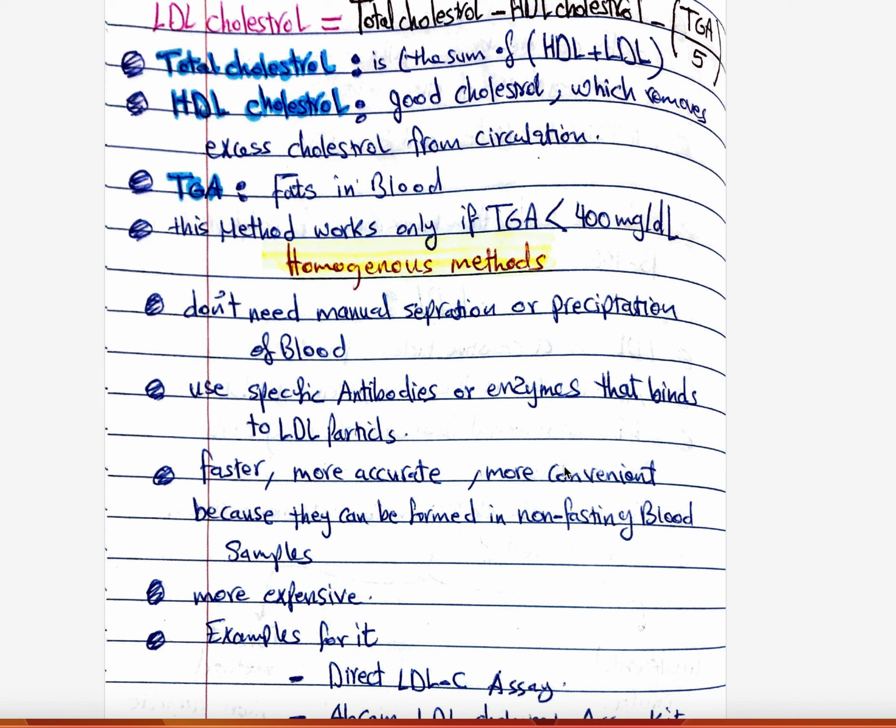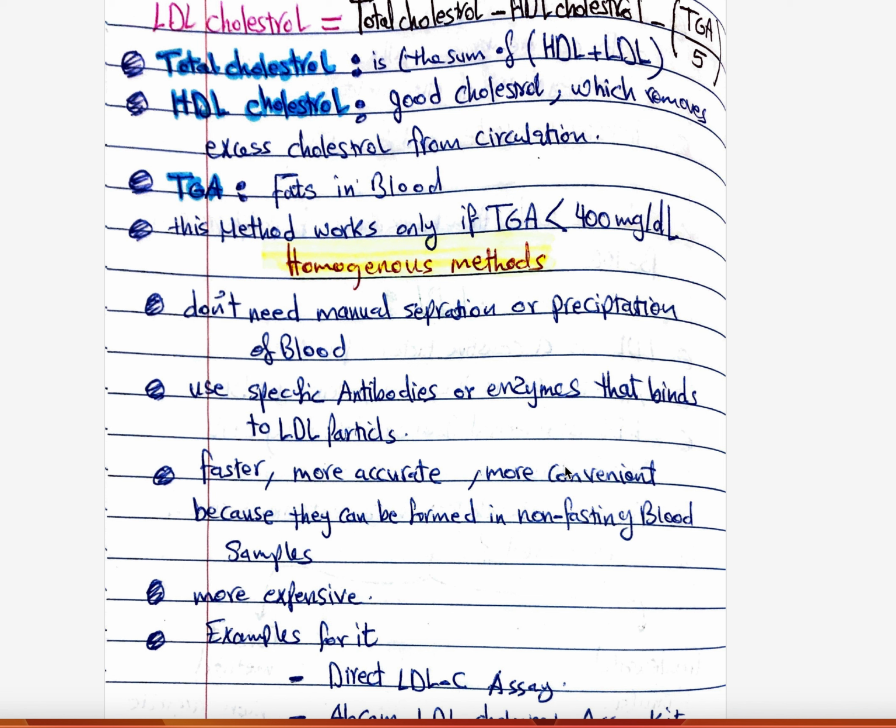We explained that before, how we can measure the high density lipoproteins, using offline treatment and online treatment. We use antibodies, and sometimes also enzymes, like cholesterol esterase and cholesterol oxidase.